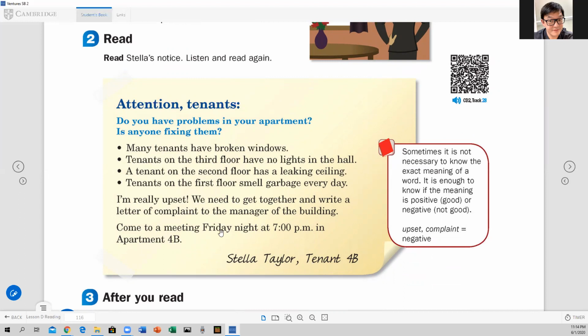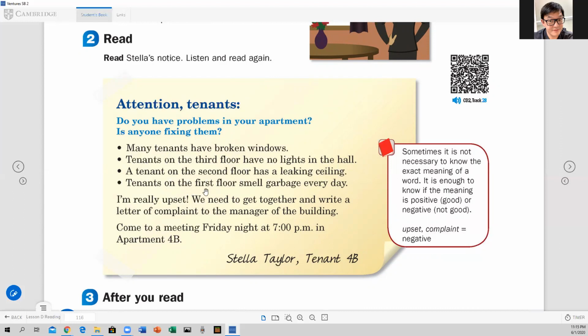Attention, tenants. Do you have problems in your apartment? Is anyone fixing them? Many tenants have broken windows. Tenants on the third floor have no lights in the hall. A tenant on the second floor has a leaking ceiling.